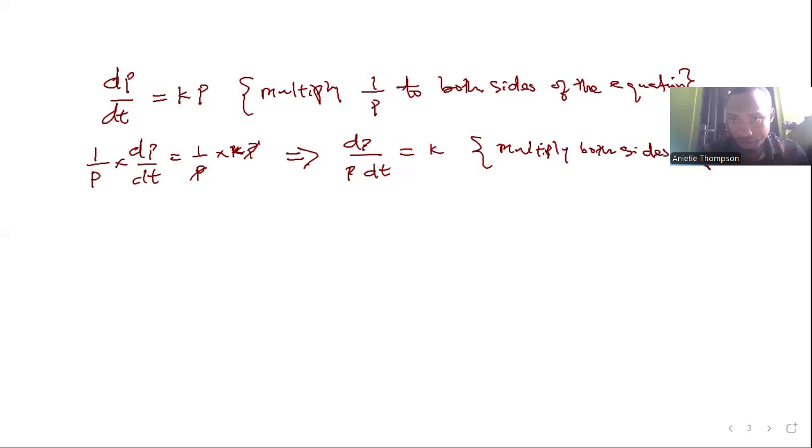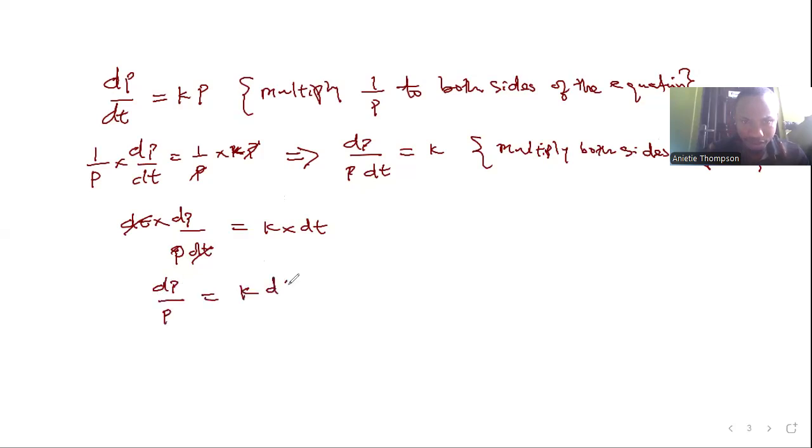If I do that, I will have dt times dp over p dt equals k times dt. So the dt takes care of the dt, and we now have dp over p equals k dt. Remember, k is a constant.